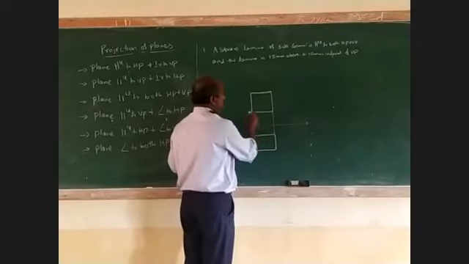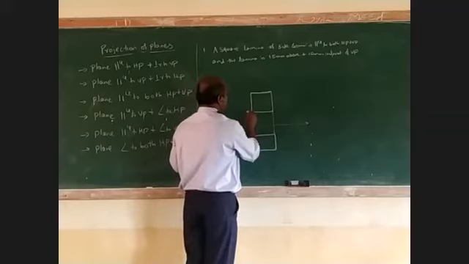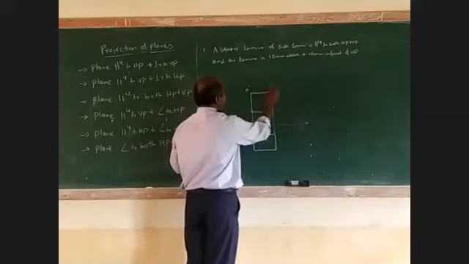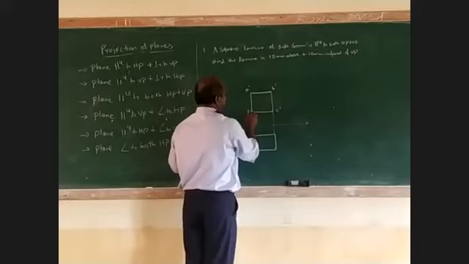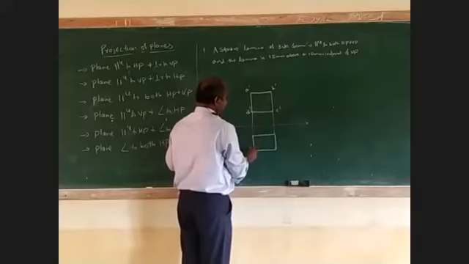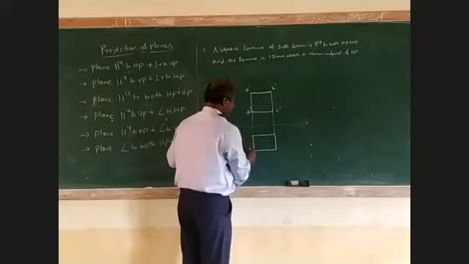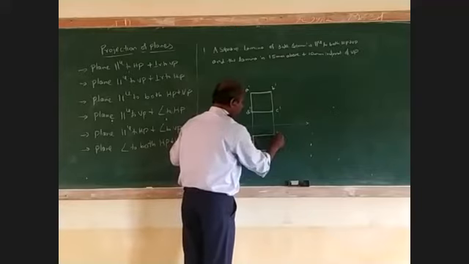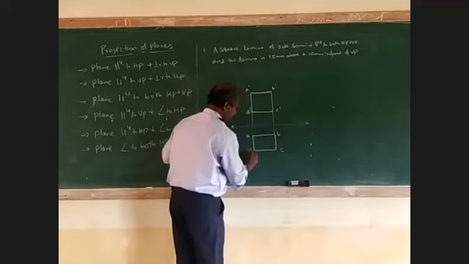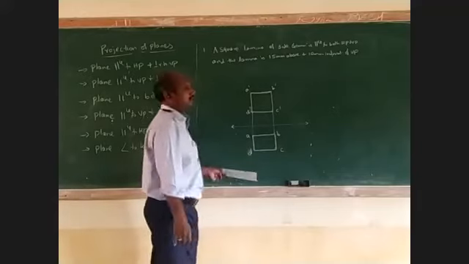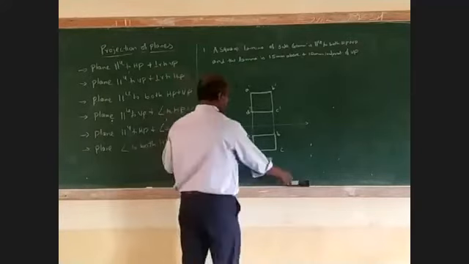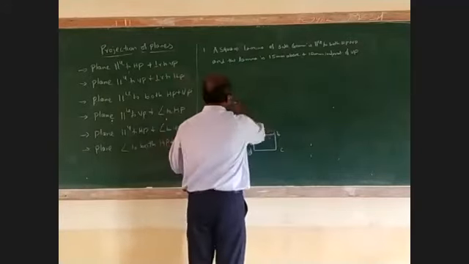You have to draw their image. Okay. To draw A dash, B dash, C dash, D dash. Similarly, here you have to draw A, B, C, D. Like this, you have to draw them. Okay. Next condition.